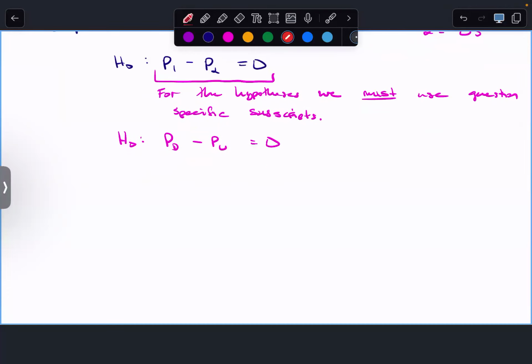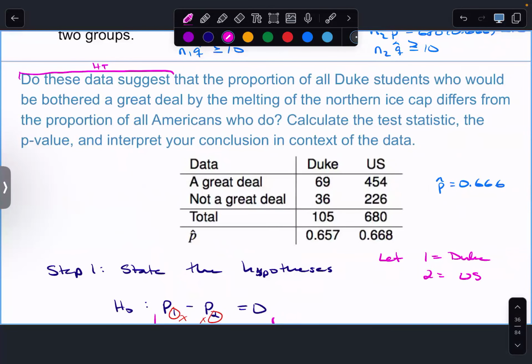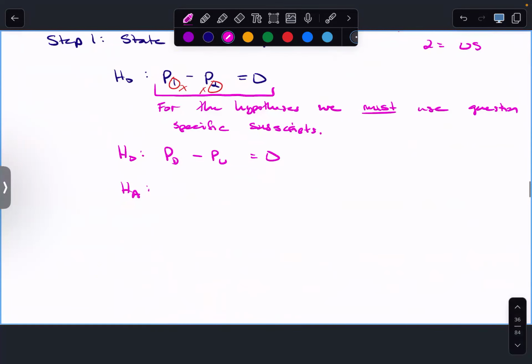So here, I'll just do that, right? Which means our alternative, if I want to know if they differ from each other, is that the difference is not equal to 0.